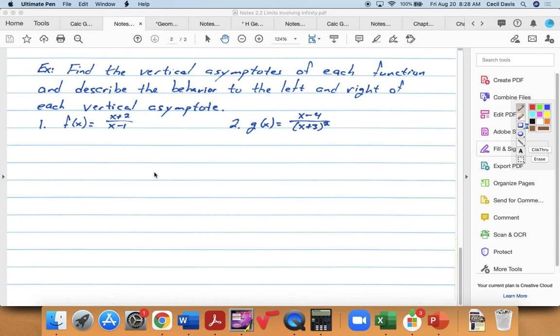What causes a vertical asymptote is having a 0 in the denominator and having something that is non-zero in the numerator. So if you have a non-zero over 0, let's think about this for a second. Let's say that the numerator goes to 3 and the denominator is getting really, really small.